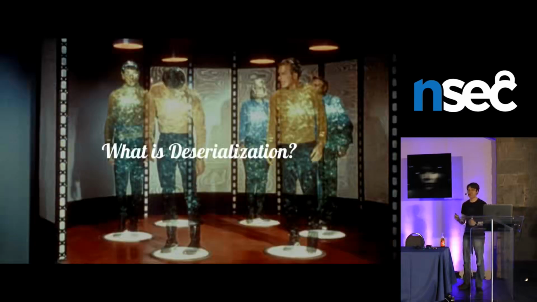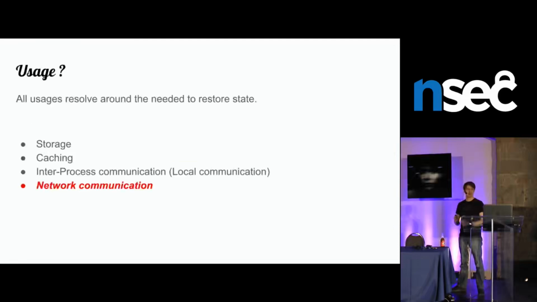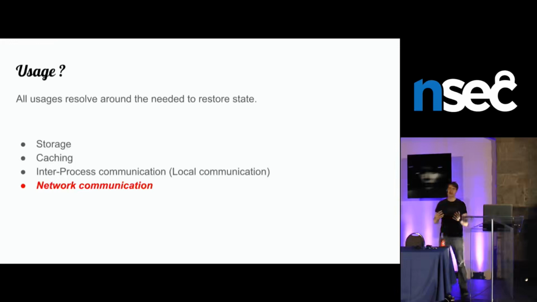So what is deserialization? I'll give a basic overview. It's when you transform data and put it in a format that is ready to be transferred or stored. Why do we do this? We do this transformation either to persist a state, for example the state of the application or a session. We can do caching with serialization.